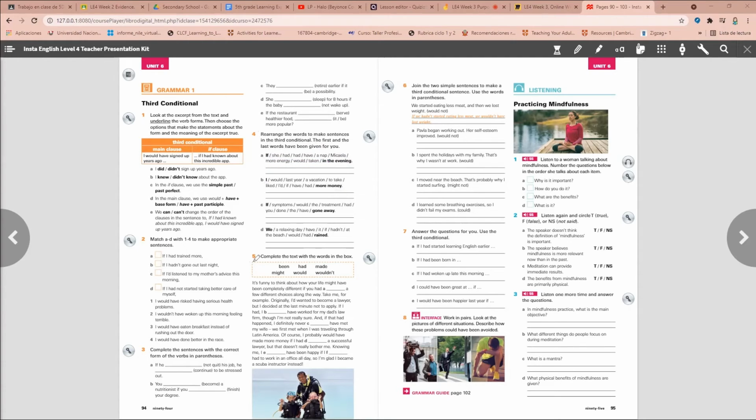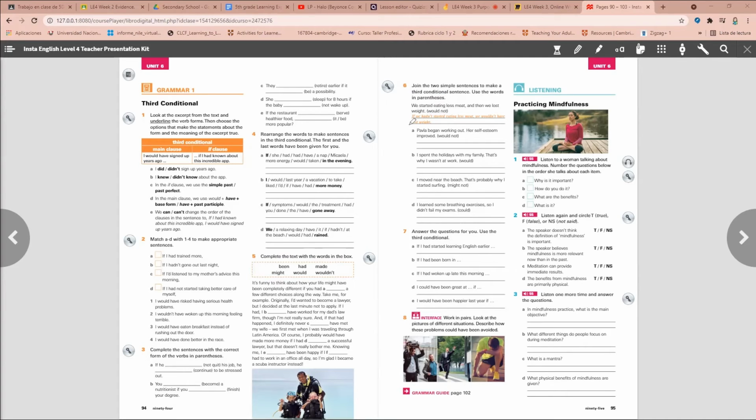Part 5. Now you're going to read and complete the text with the words in this box. In part 6, you have to join two simple sentences to make a third conditional sentence. Use the words in parentheses. So here you have an example. We started eating less meat and then we lost weight. Would not.